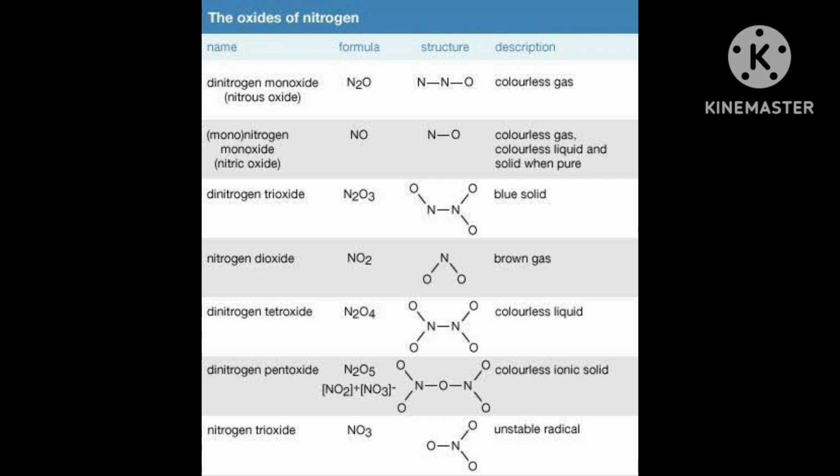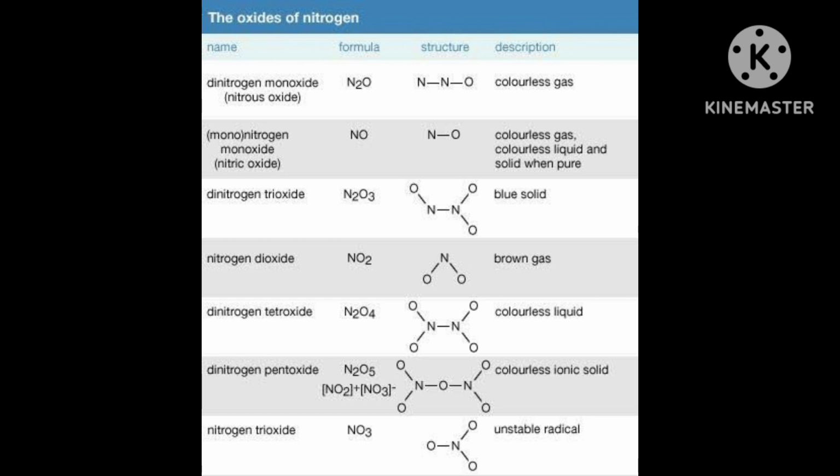All 3 products are useful. The balanced equation: 2Pb(NO3)2, lead nitrate, gives 3 products, 4NO2 plus 2PbO plus O2.